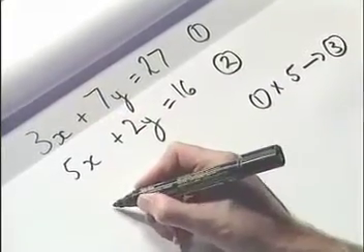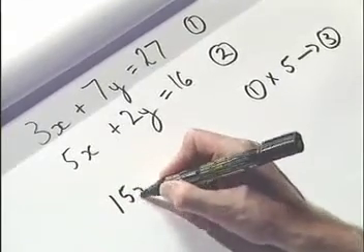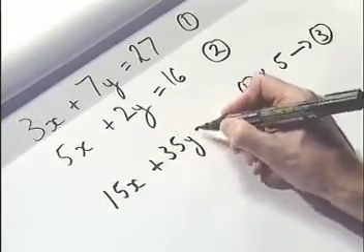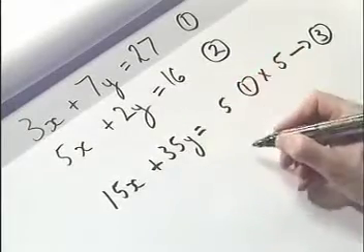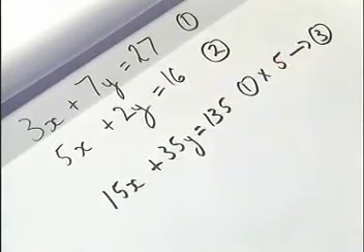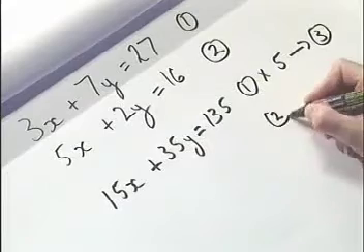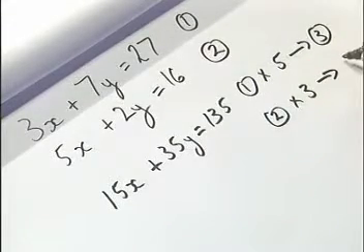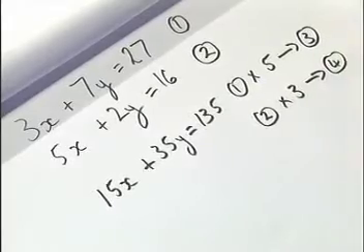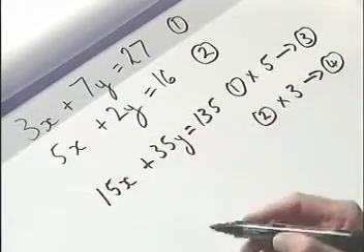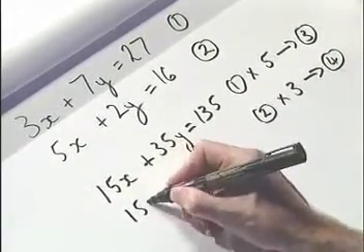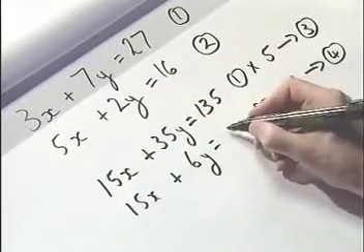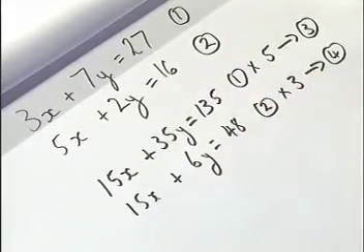So multiplying it by 5, 15x plus 35y is equal to 135. And then equation 2, I will multiply by 3, and that will give me a new equation 4. So here we go, multiplying this by 3, 15x plus 6y is equal to 48.